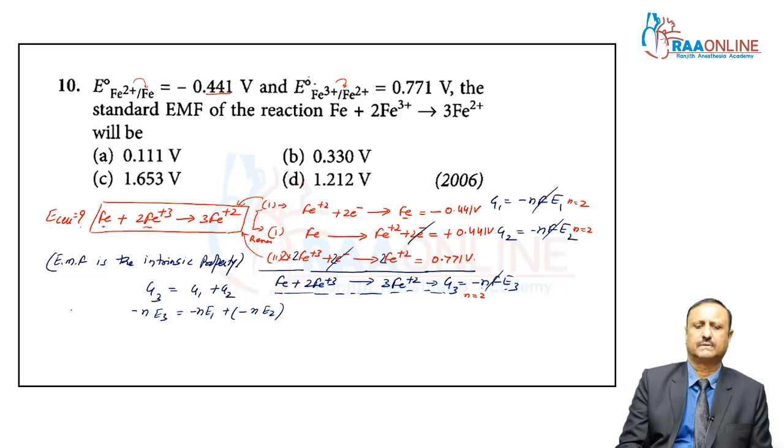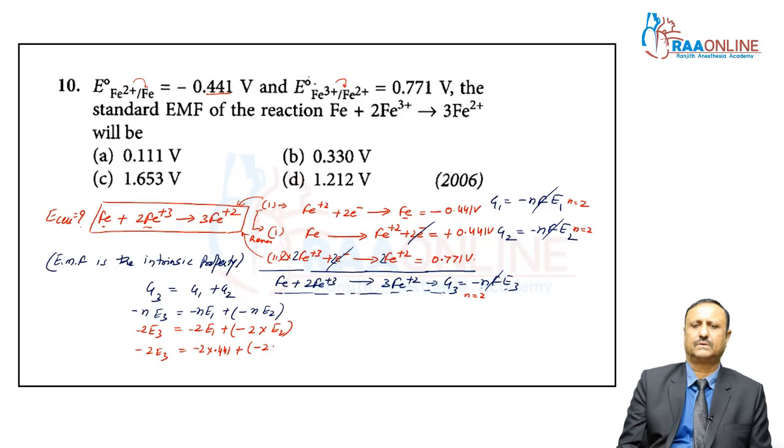So my dear students, you can put n equal to 2: 2 into E3 is equal to 2 E1 plus 2 into E2. Now you can put the values: minus 2 E3 will be minus 2 into E1. What is the value of E1? E1 value is minus 0.441, and the minus signs cancel with each other. So you get plus 441.